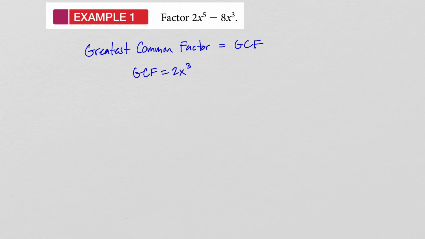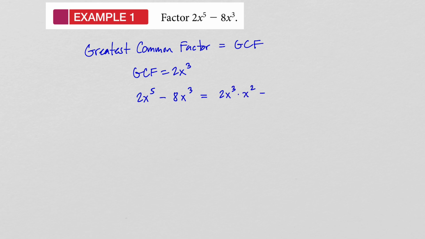Now what we're going to do is factor out 2x to the third out of each of these. So you can take your expression 2x to the fifth minus 8x to the third, and write it as a product of 2x to the third and something else. For example, 2x to the fifth is 2x to the third multiplied by x squared.